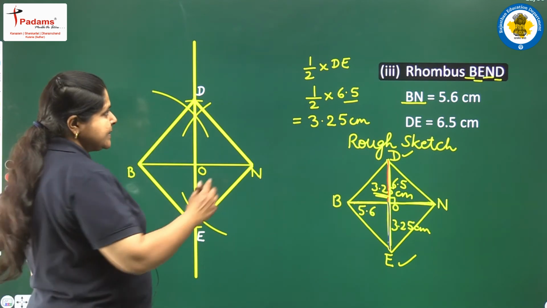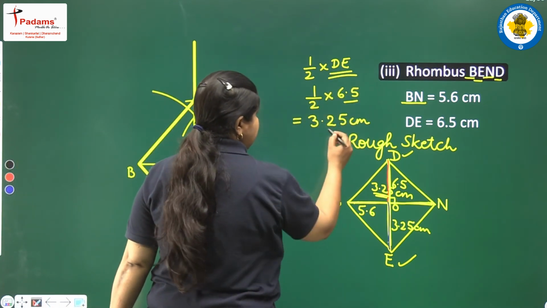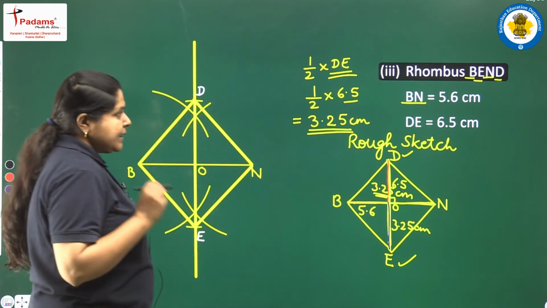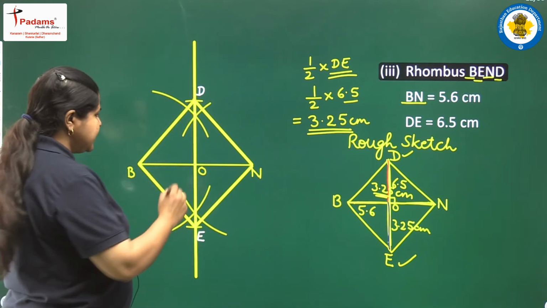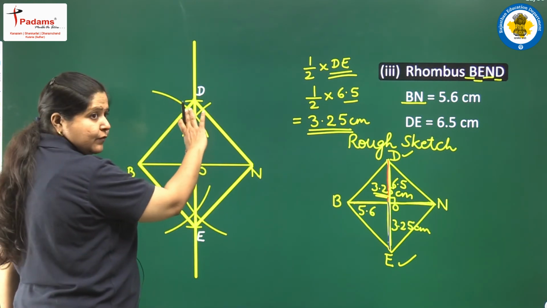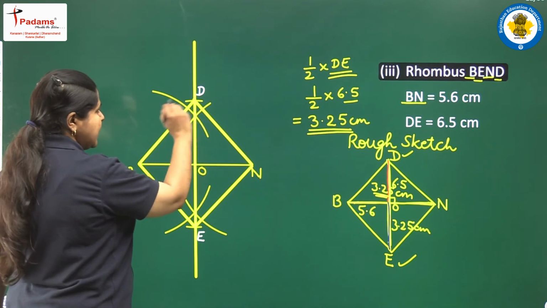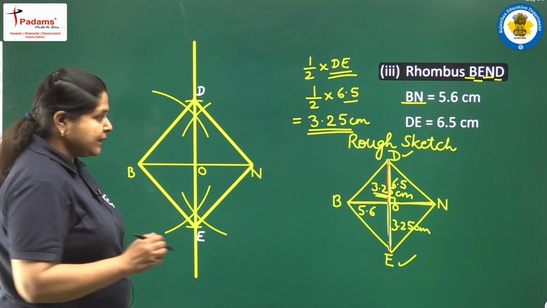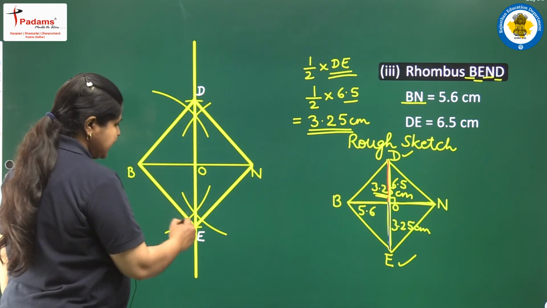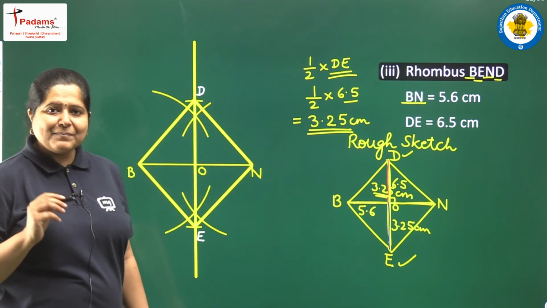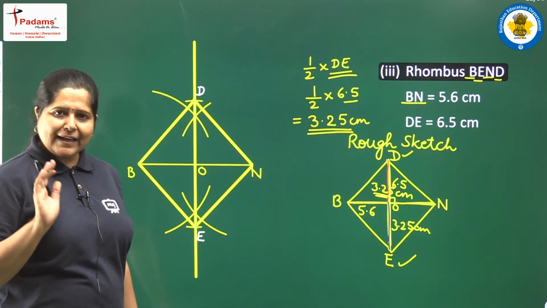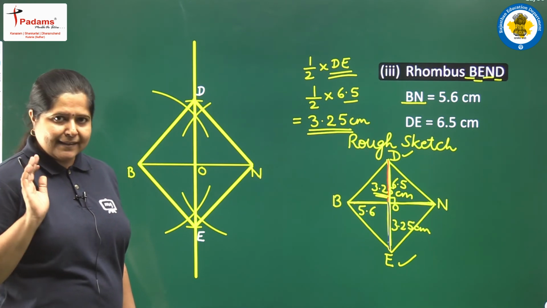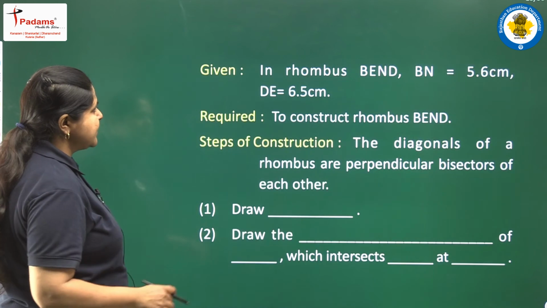So we divided this diagonal into 2 parts and got it equal to 3.25 with O as center and 3.25 as the radius. We drew an arc above BN and one below BN, and with this we got the 4 endpoints B, E and D, and then we simply joined the 4 points and got the rhombus B, E and D. Now we will write the steps of construction.